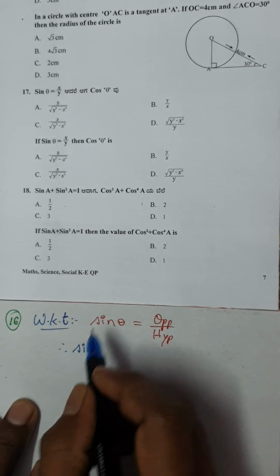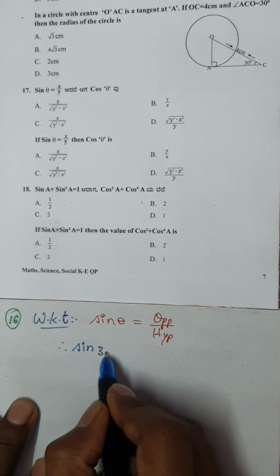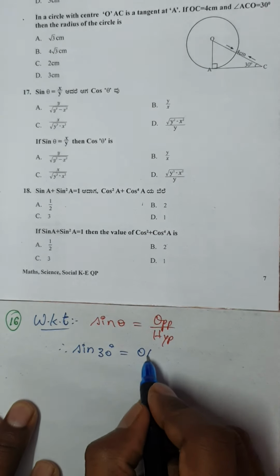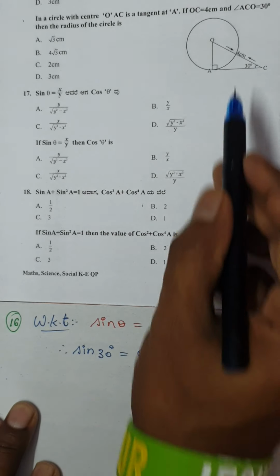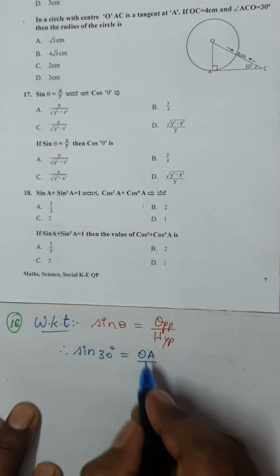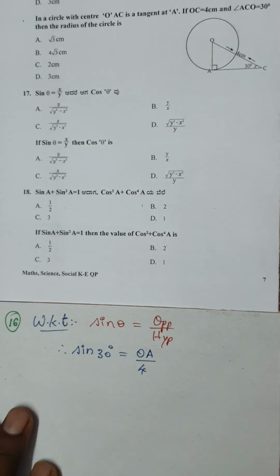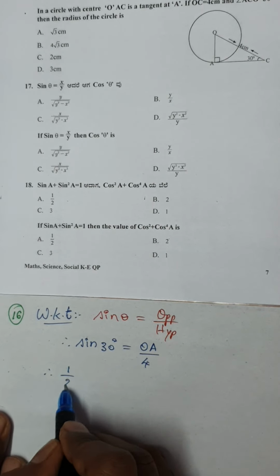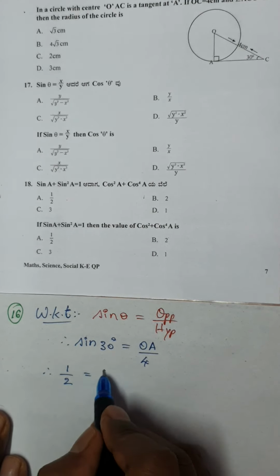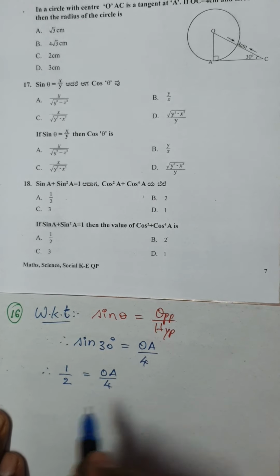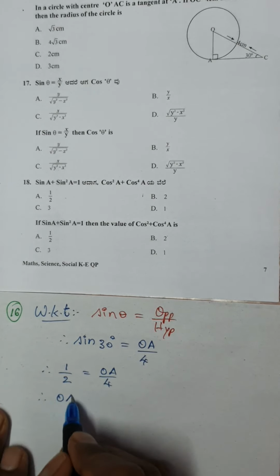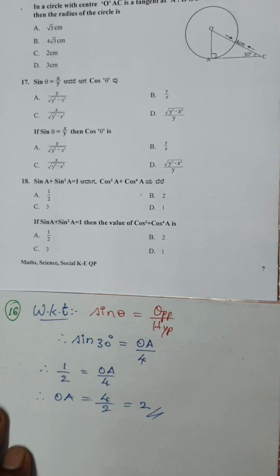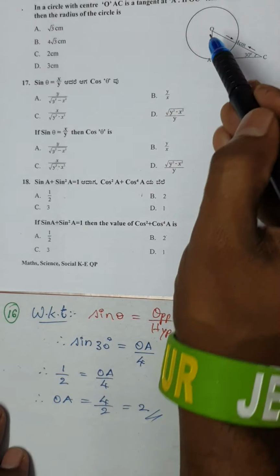Sine 30 is equal to opposite, which is your radius OA, over hypotenuse, which is 4. Now what is sine 30 degrees? It's a very standard value, which is nothing but 1 by 2. So 1 by 2 is equal to OA by 4. Therefore, cross multiply, OA is equal to 4 divided by 2, that is nothing but 2. So OA, the radius of the circle, is 2.